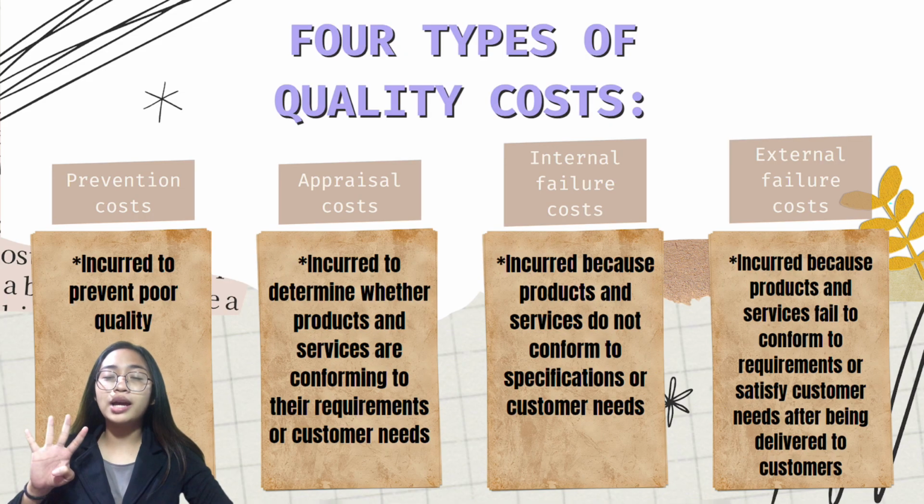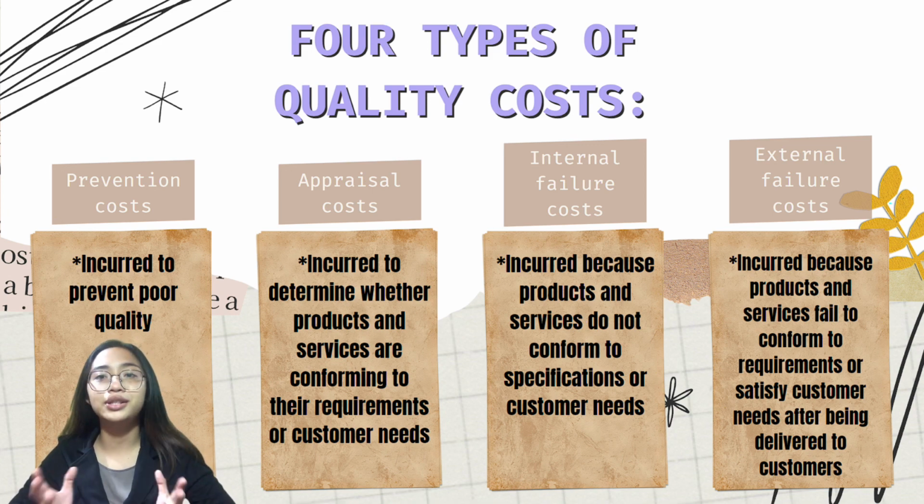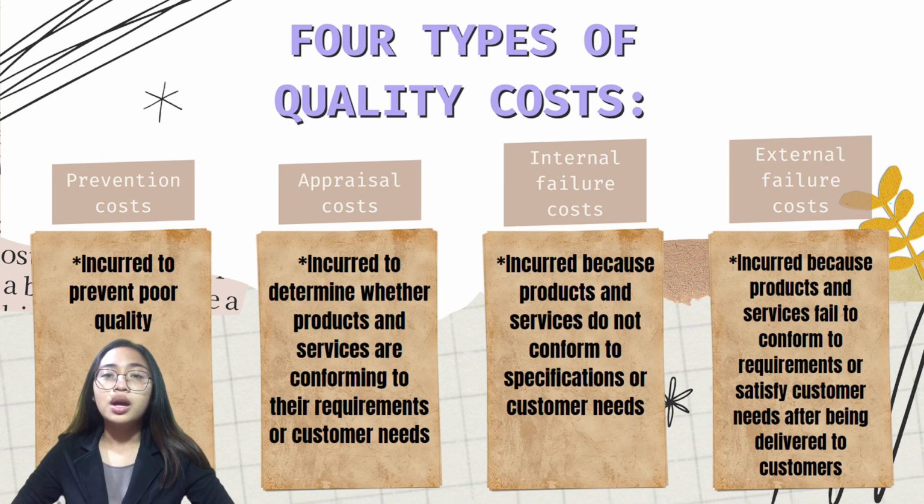There are four types of quality costs: the prevention cost, appraisal cost, internal failure cost, and external failure cost. Prevention costs are costs that must be incurred in order to protect the quality of the goods or services that are being produced. It is reasonable to anticipate that the cost of failure will decrease as the cost of prevention goes up.